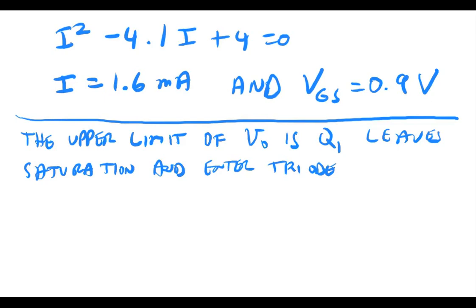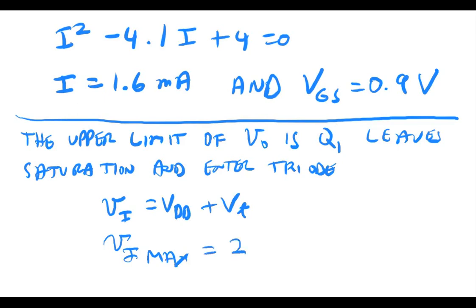And when that happens is when the input is VDD plus VT. So the maximum input that I can have, because VDD is 2.5, is 3 volts at the input.